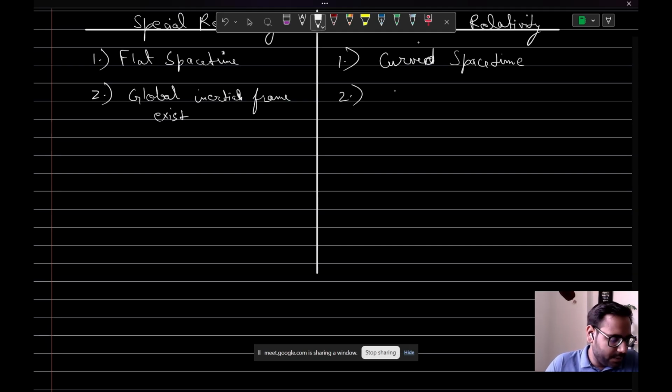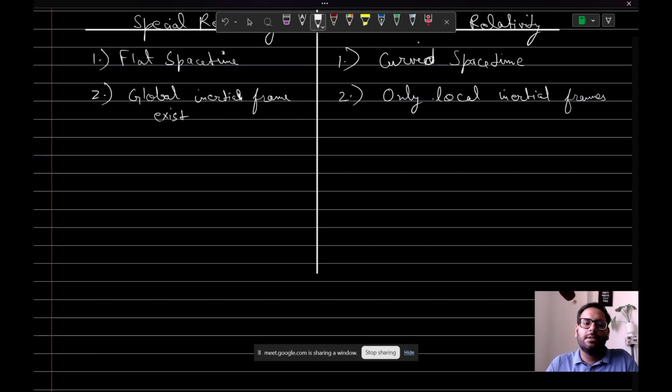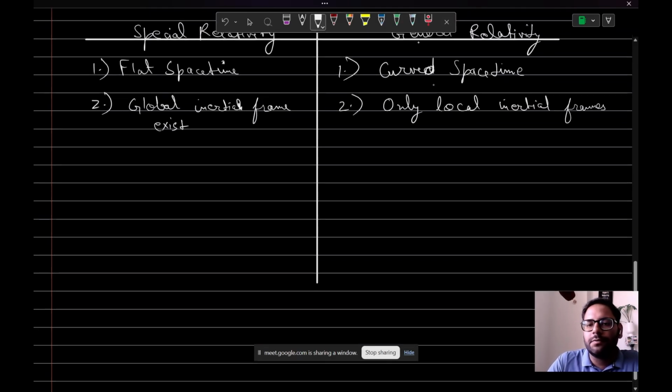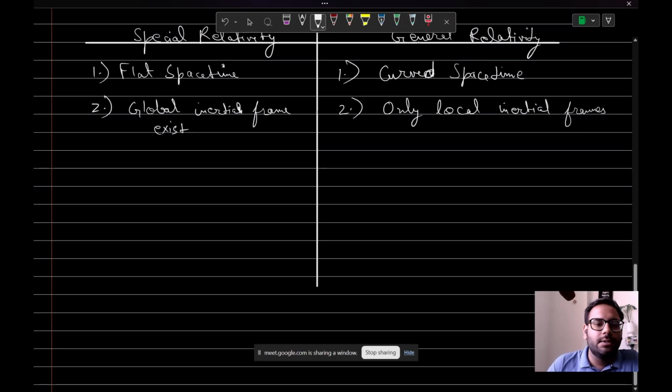But in general theory of relativity, only local inertial frames exist. Means you can define inertial frames, which we will define soon, but only locally. You can define your inertial frames only locally in general theory of relativity.